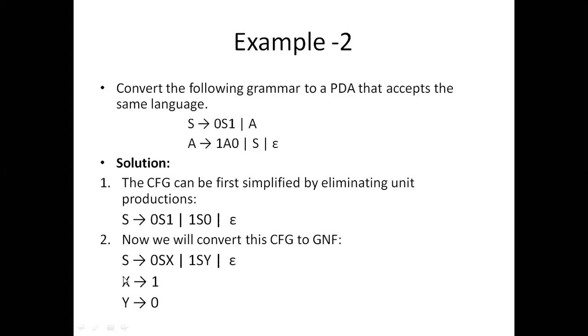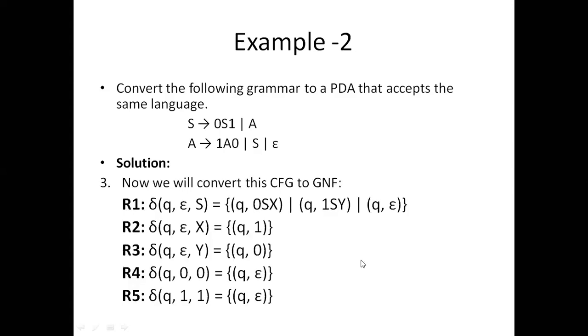And after we have rewritten this grammar, now we have to think of our PDA. Now, if you look at this particular CFG, how many terminals we see, how many non-terminals we see, depending on that, we have that many transitions in our PDA. So if you look here, these are all the transitions of the PDA.